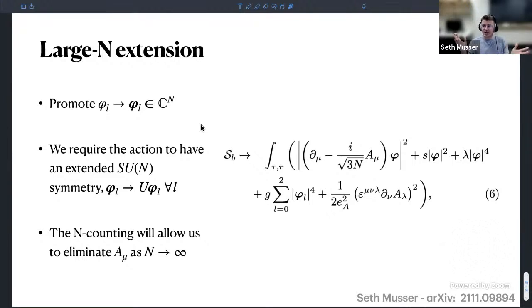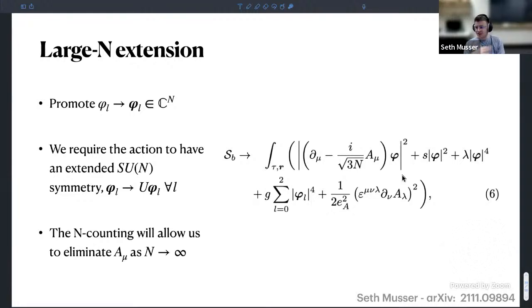Well, we're just going to extend it, and we're going to try to take it to some sort of calculable limit. So we take each vortex flavor and we promote it to this complex vector in C^n. And we'll require that the action have this extended SU(N) symmetry where we act on all of the vortex flavors with U in SU(N). And that gives us this theory here.